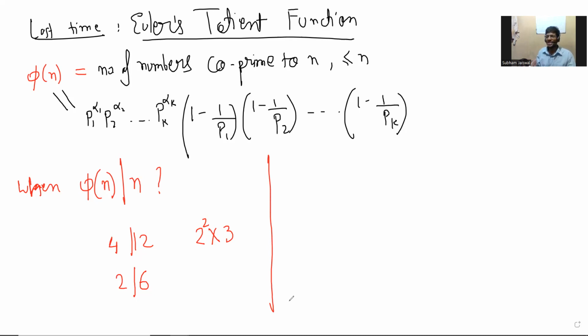Any more examples, or some general thing? Something is similar between 12 and 6, obviously. It doesn't work for 9.